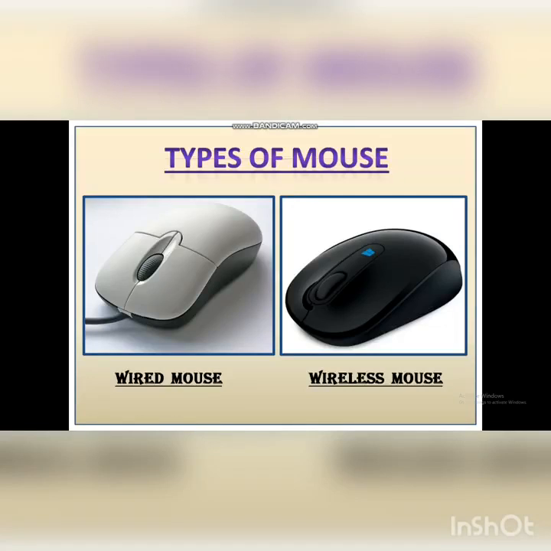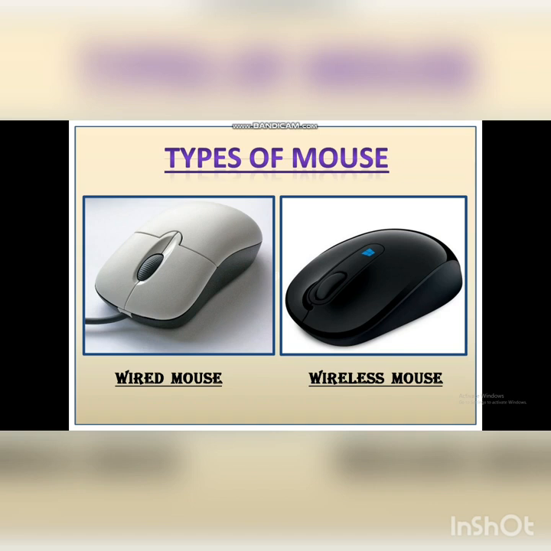Now there are two types of mouse. Number 1, which you already use, is a wired mouse. Can you see the first picture? In the first picture you can see there are two buttons, the left and the right button, plus a scroll wheel, a wheel through which you are able to move the page up and down, which we will be doing in the next class.